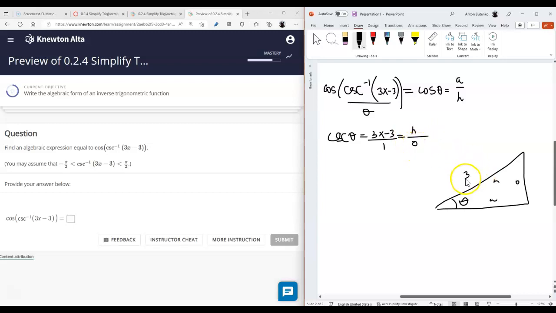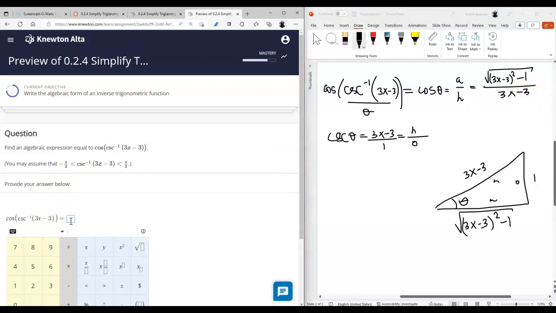We're going to label hypotenuse as 3x minus 3, opposite as 1, and by the Pythagorean theorem, the adjacent side will be the square root of 3x minus 3 squared minus 1. So the final answer is adjacent side, square root of 3x minus 3 squared minus 1, divided by hypotenuse, which is 3x minus 3.